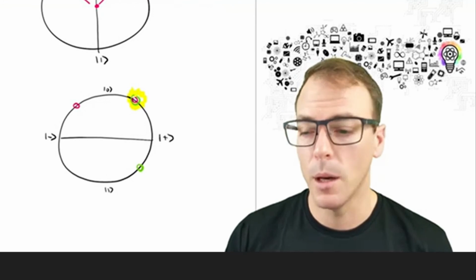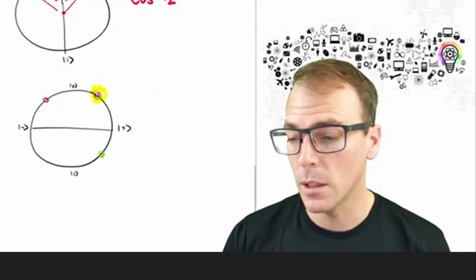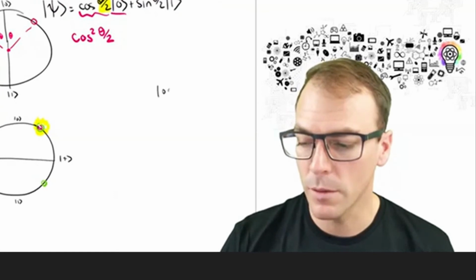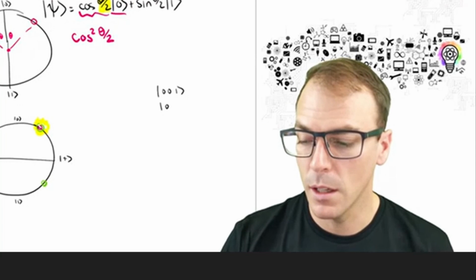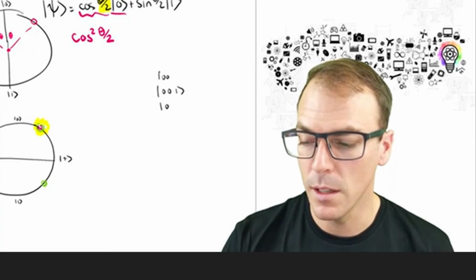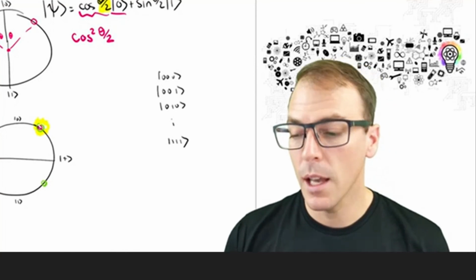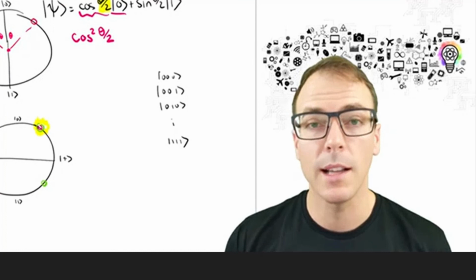The most obvious one would be the computational basis. So if I have 3 qubits, then I have these 8 different states, all the way down to 1. And the labels of those states are just 3 classical bits.